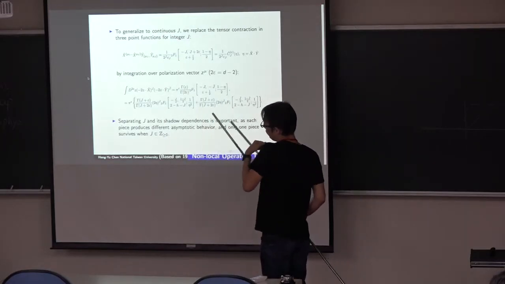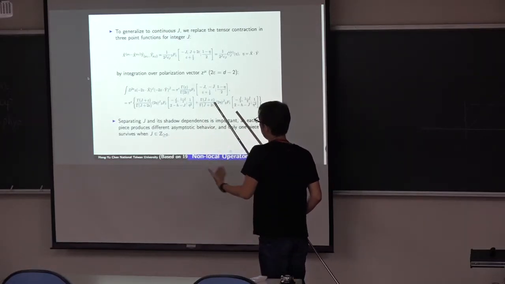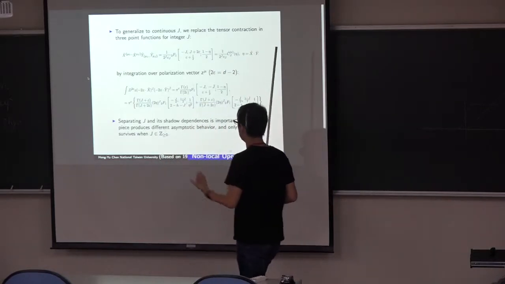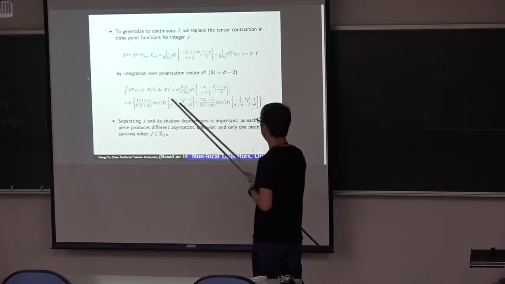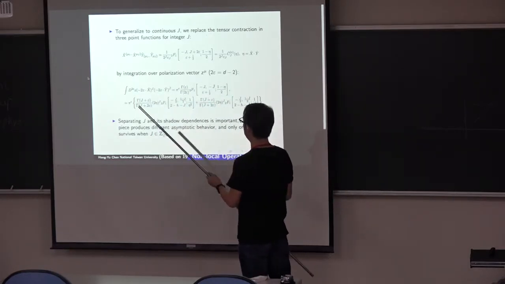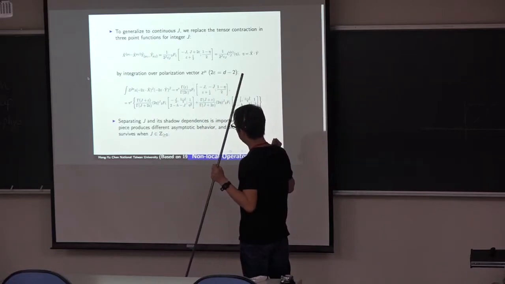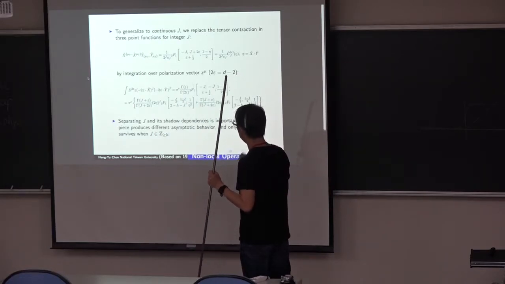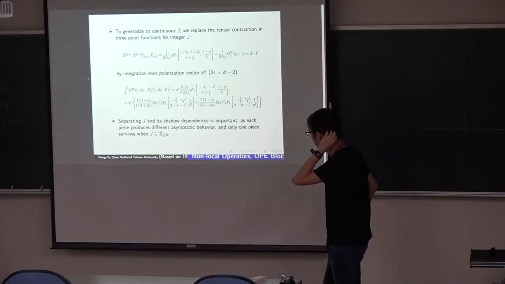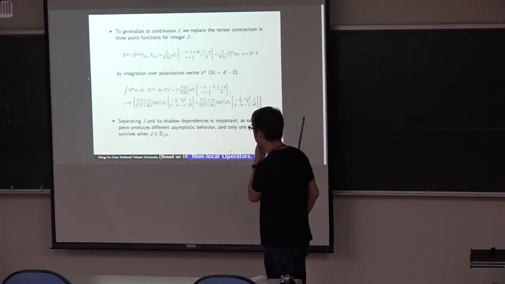And so we can employ a lot of previously known technology to perform the conformal integral in D dimensions to obtain the following result. This was basically the key modification when we were trying to generalize our Mellin representation from integer to the continuous case.